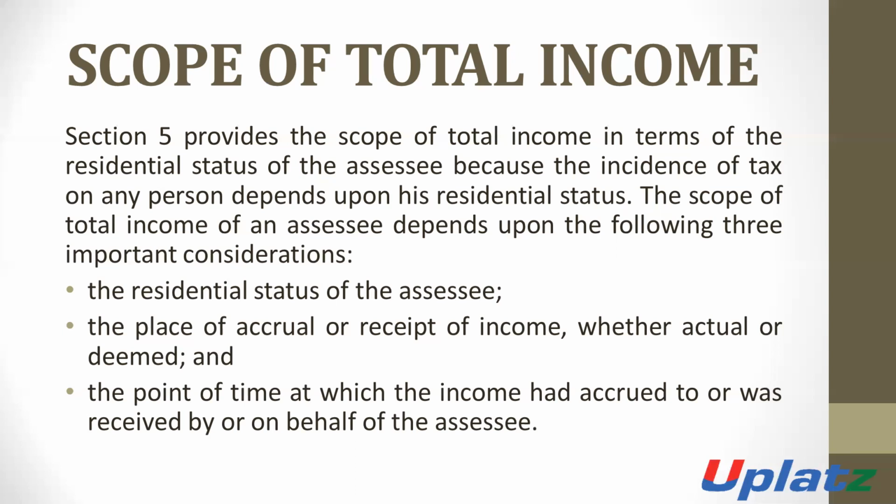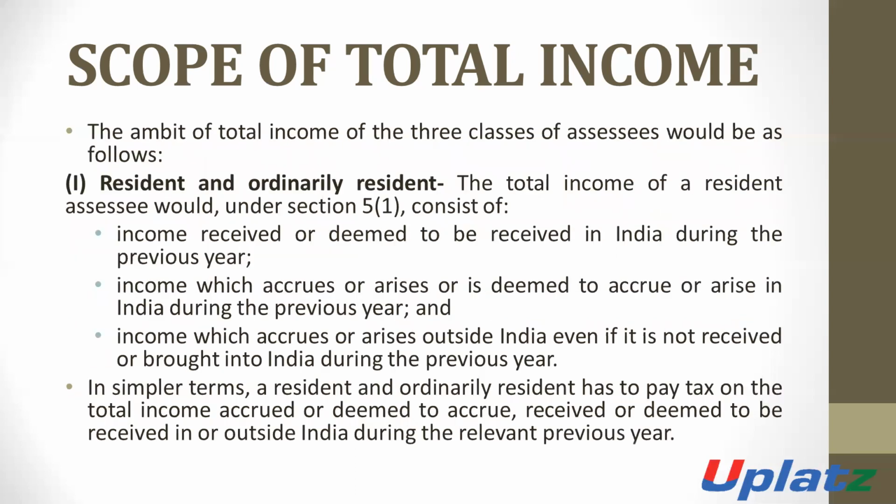And number three, we will determine the point of time at which the income accrued or was received by or on behalf of the assessee, when it accrued, when it arose, or when it was received. So these three points we will consider when we determine the scope of total income of the assessee.